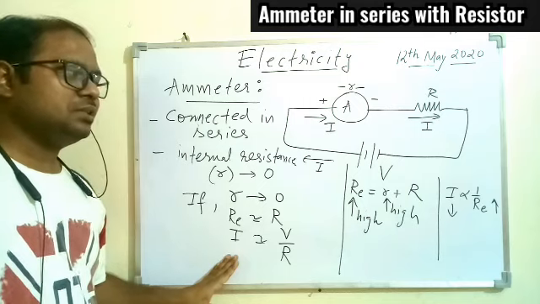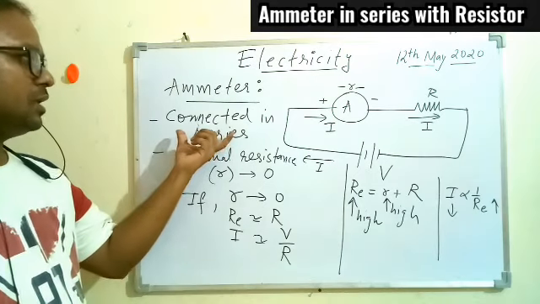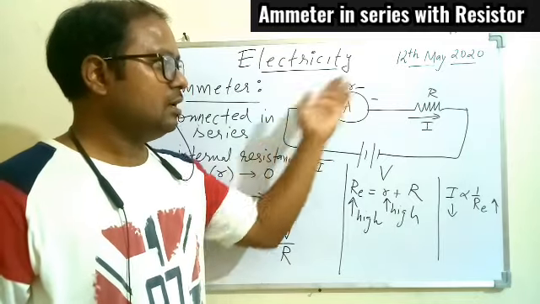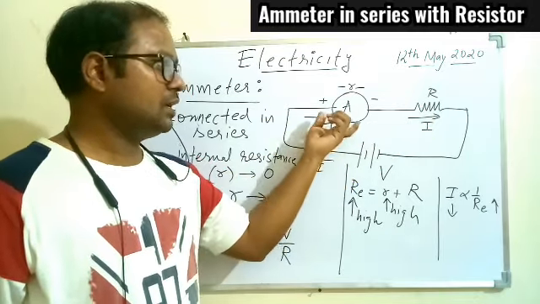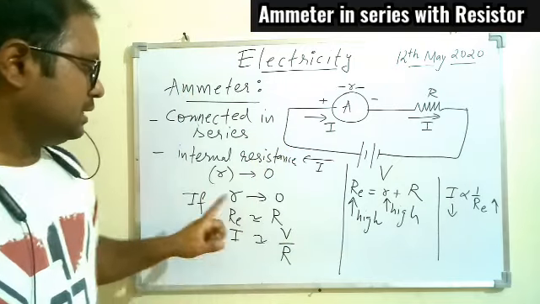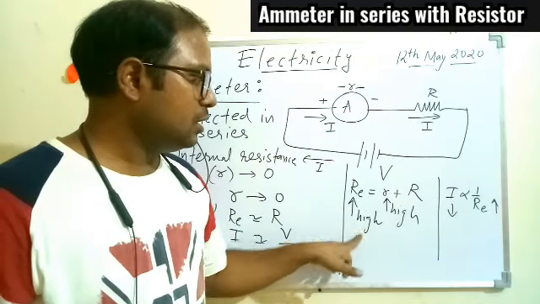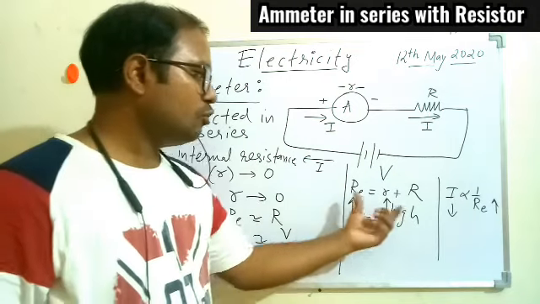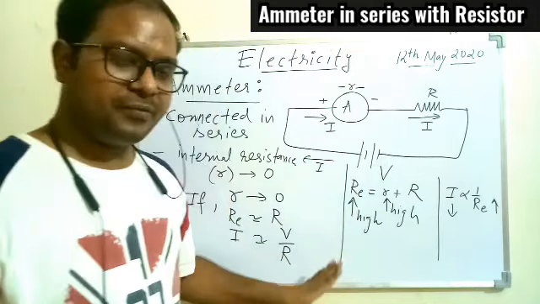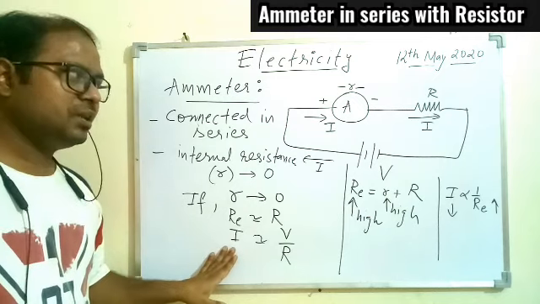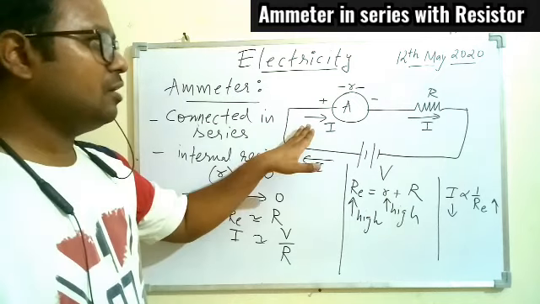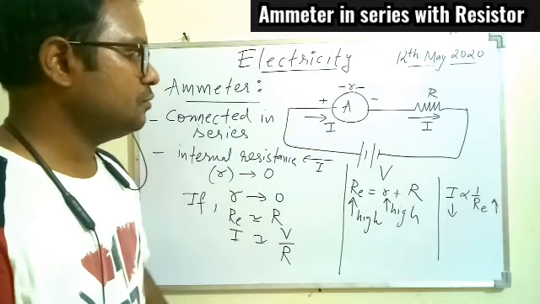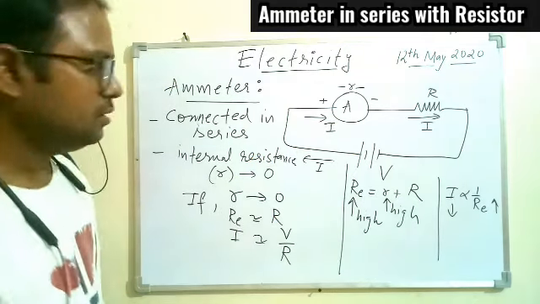So the ammeter has to be connected in series so that the same current can flow through the device that is flowing through the other component, and it can show the current in the circuit. Second, it should have very low internal resistance, approximately 0, so that the overall resistance of the circuit is not affected, and hence the current is not affected, and then whatever current is recorded by the ammeter will be the real current.